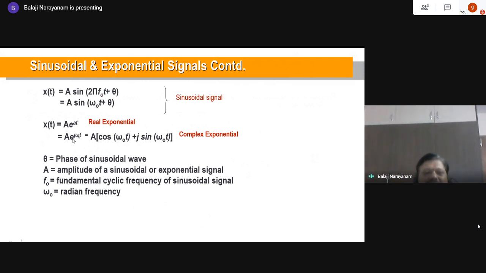The equation for A e power j omega t is given by A e power j theta equals A cos theta plus j sin theta, where theta is here omega naught t or omega t. And theta is the phase of the sinusoidal, where A is the amplitude, f naught is the fundamental cyclic frequency of the sinusoidal, and radian frequency or angular frequency is given by omega naught.